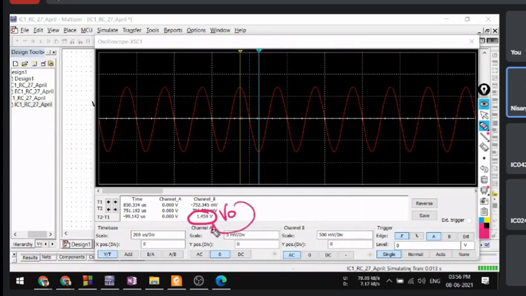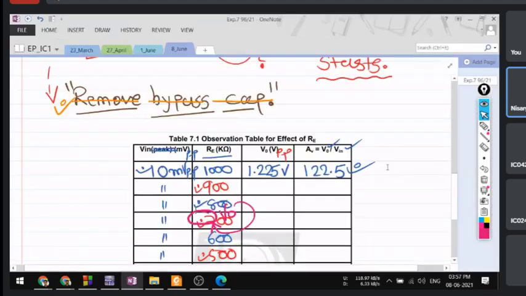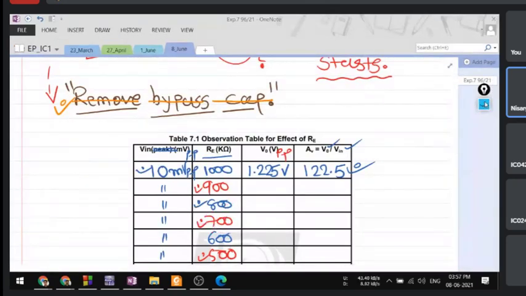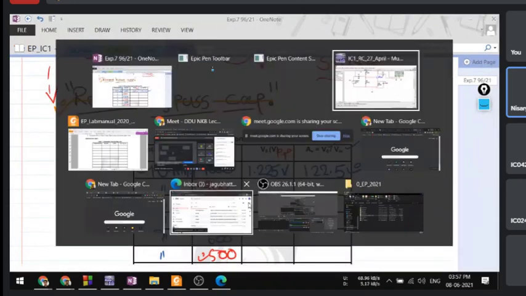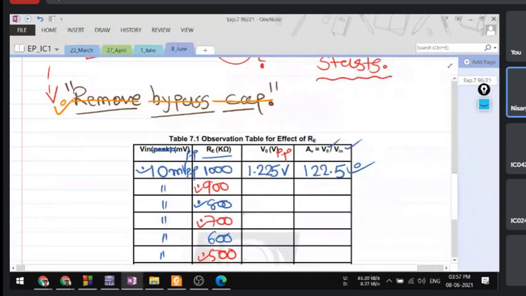V output is nothing but 1.459 volt peak to peak. So let us note it down. Hope you are also noting it. Please, student, note down: for 800 ohm, it is 1.459 volt.